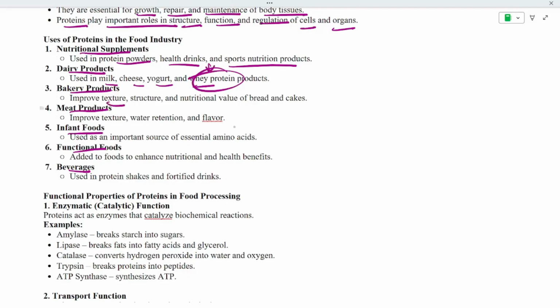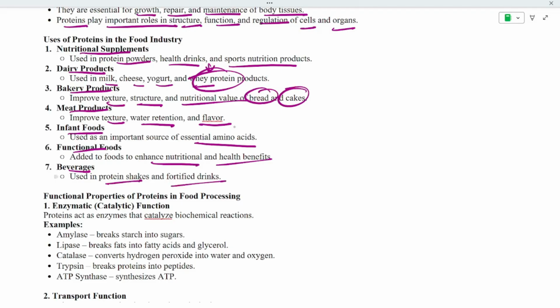Bakery products, to improve texture, structure, and nutritional value of bread and cakes. In meat products, again, to improve the texture, water retention and flavor. Infant foods, the food for newly born babies, also use this. Functional foods are to enhance nutrition and health benefits. Beverages, used in protein shakes and fortified drinks.